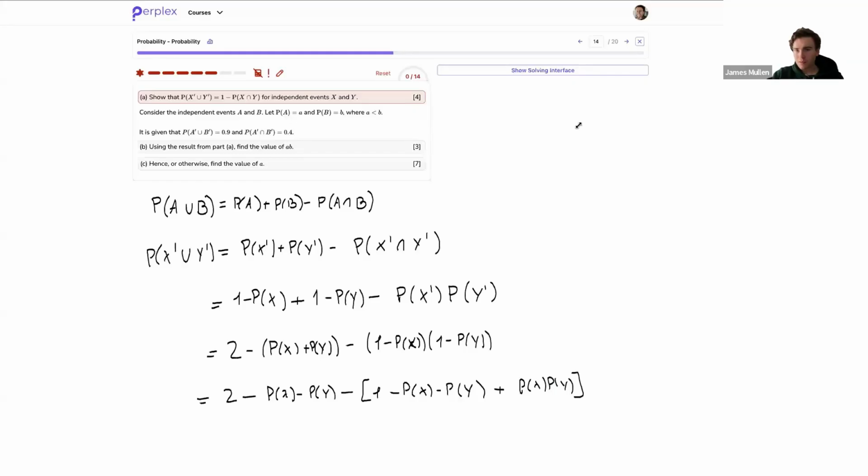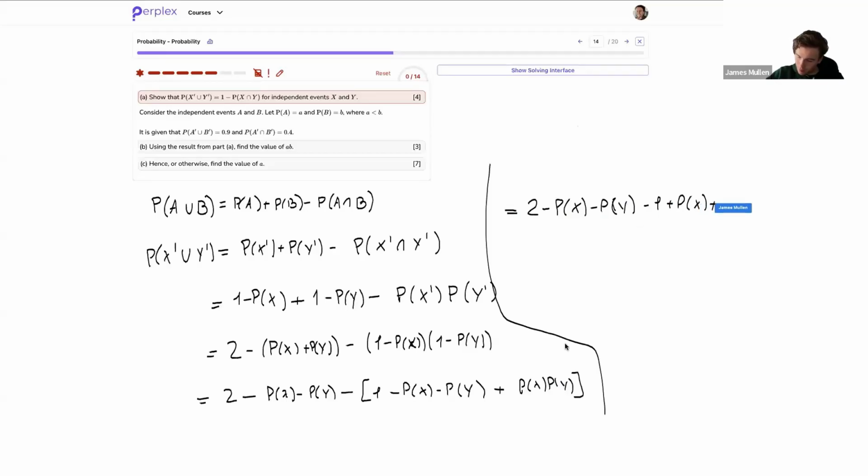We'll do this. That's better. Okay, now I can continue. I'm just going to come up here and say that that's equal to, so I have 2 minus P of x minus P of y, then I have minus 1. I have plus P of x plus P of y. And then I have minus P of x, P of y.